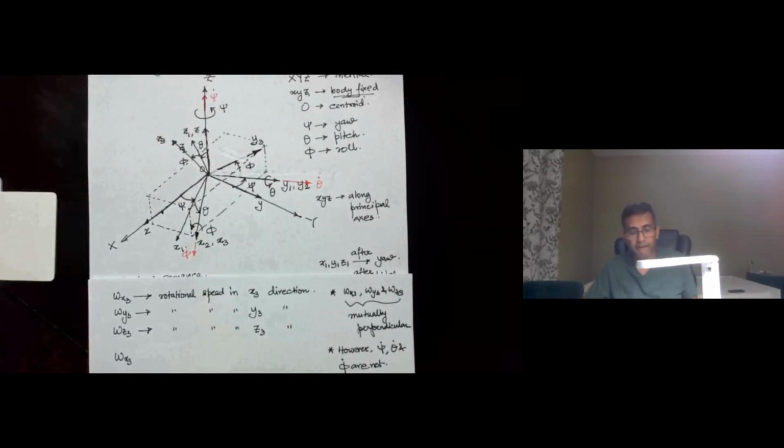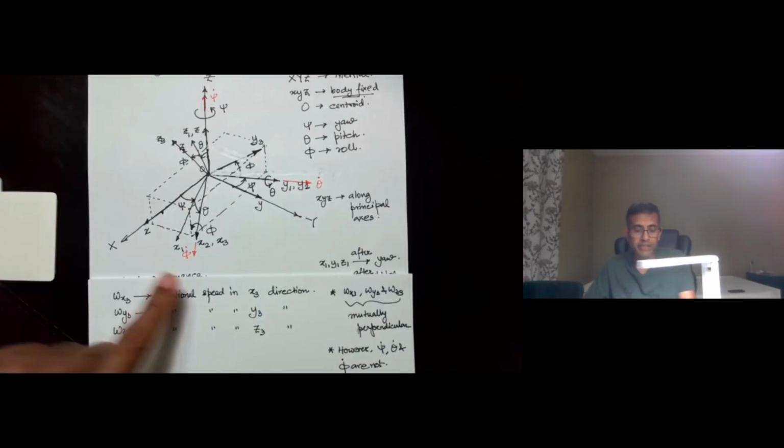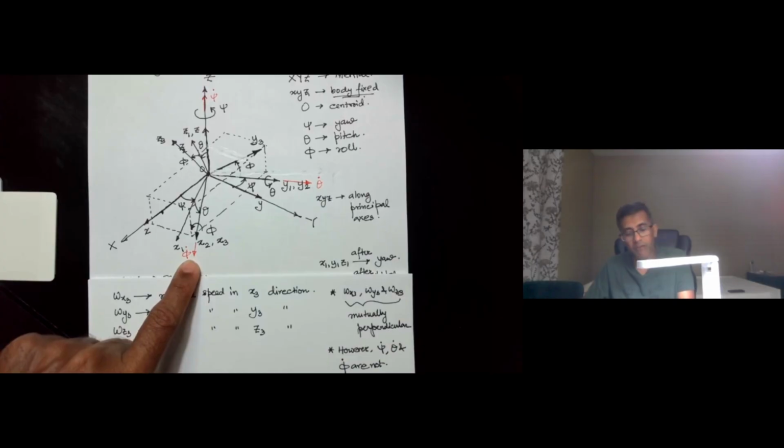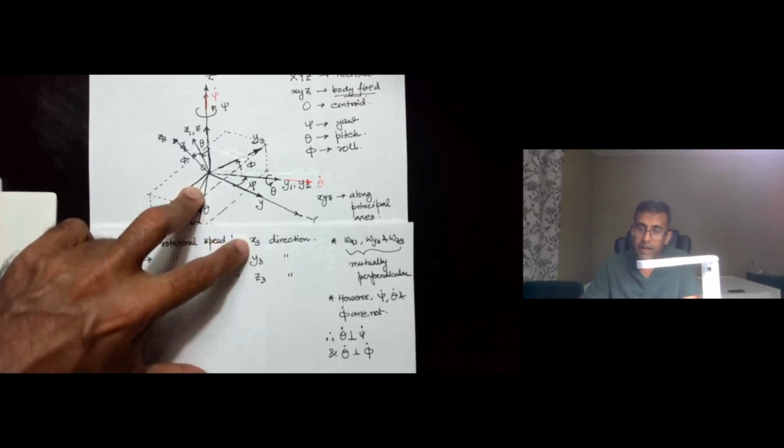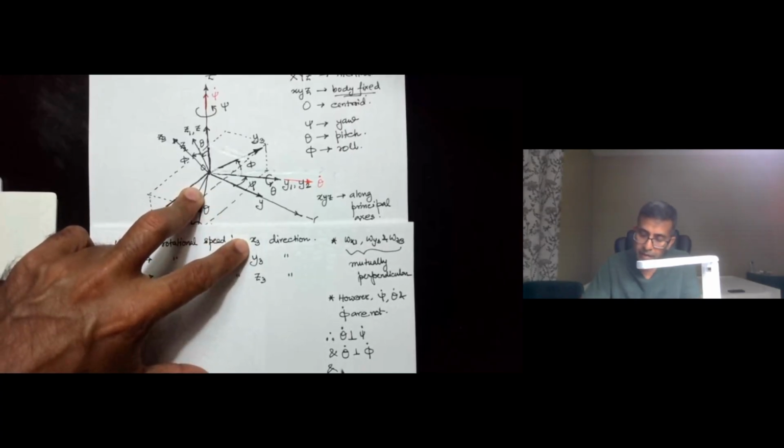In fact, you can see here that phi dot is making an angle of 90 plus theta with respect to psi dot. So we make a note that phi dot is not perpendicular to psi dot.